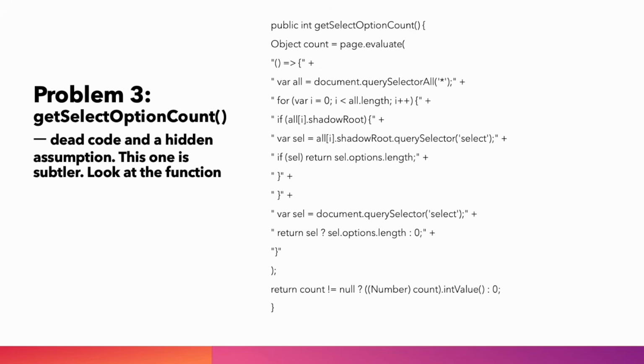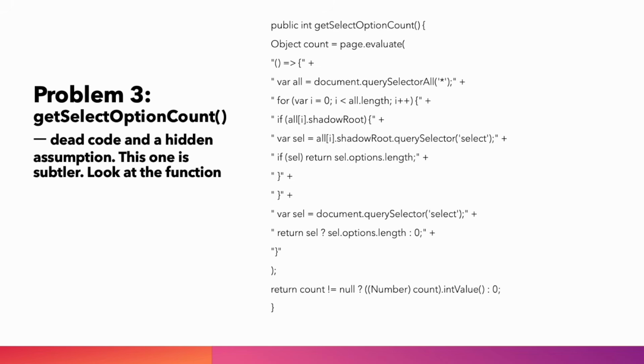The first searches inside shadow root. If it finds a select, it returns immediately. The second is a fallback that searches the regular DOM. On the Vault page, the select is always in a shadow root, so the fallback is dead code that will never execute. That's a DRY violation and a clear clarity problem.